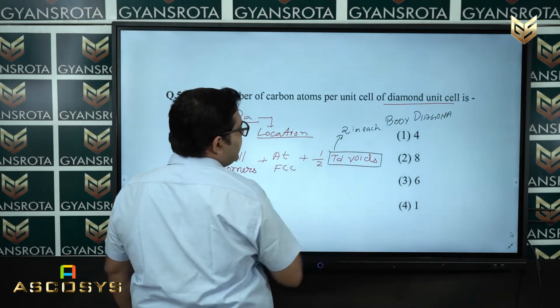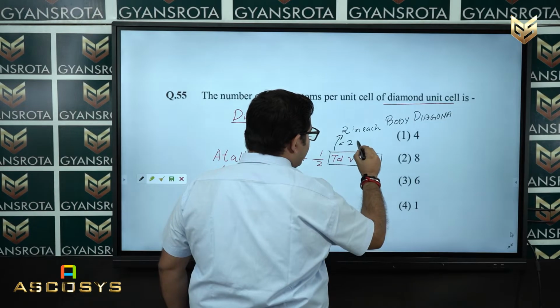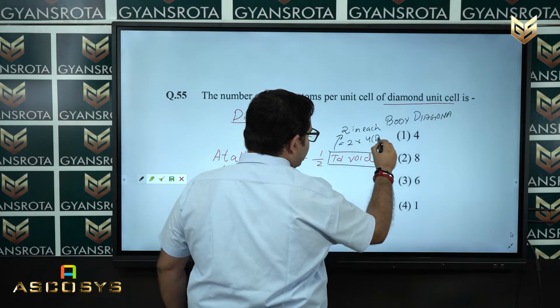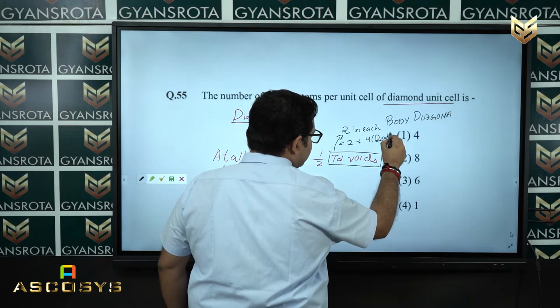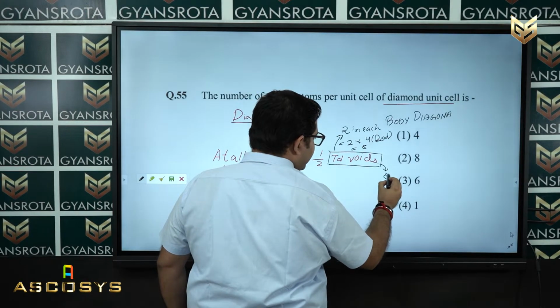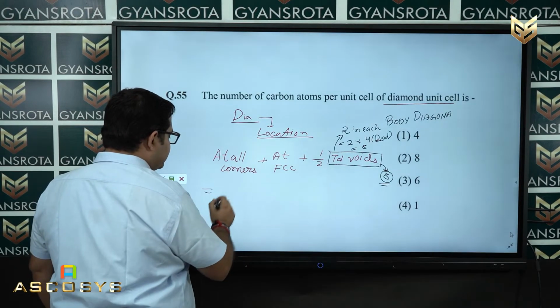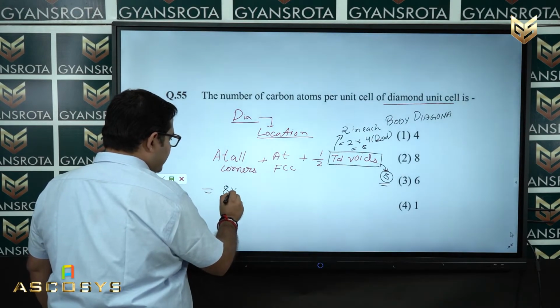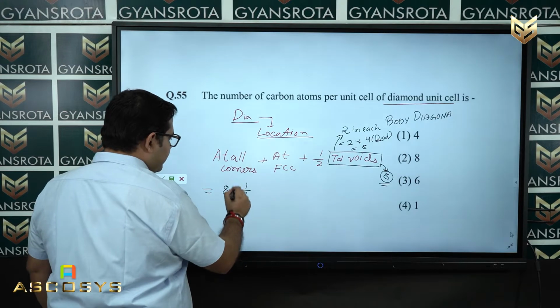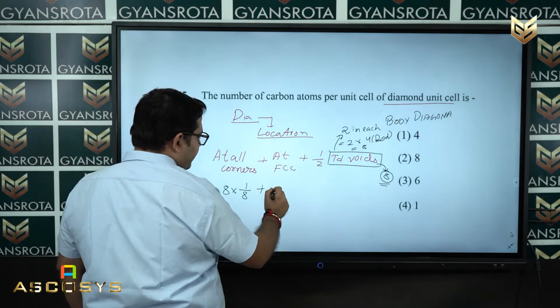So how many body diagonals are there? That is 4 body diagonals. So 2 into 4, these are body diagonals. So it will be 8. So total tetrahedral voids are 8 in number. Now at all corners, it means 8 corners are there, 1 by 8, and how this 1 by 8 comes we have already discussed in the theoretical part.